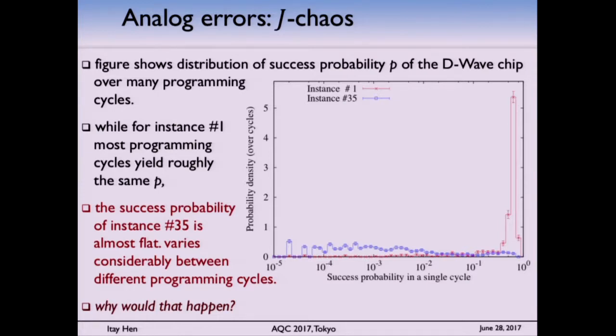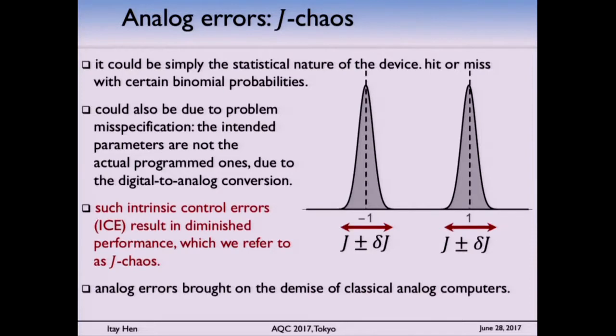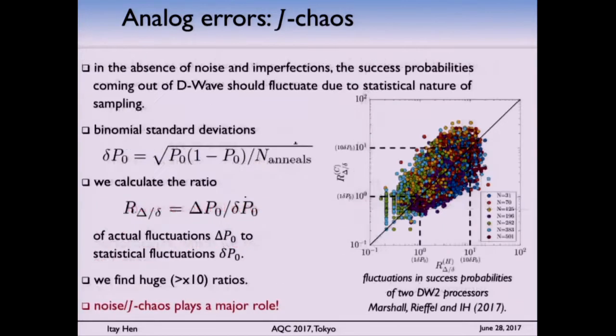And of course you could tell me, well, maybe it's not the analog errors, maybe it's just the statistical nature, a binomial Bernoulli experiment, and the difference can be explained by the statistical nature of the experiment. And we tried to understand whether or not this is true. Let me show you what we did in order to ascertain that.